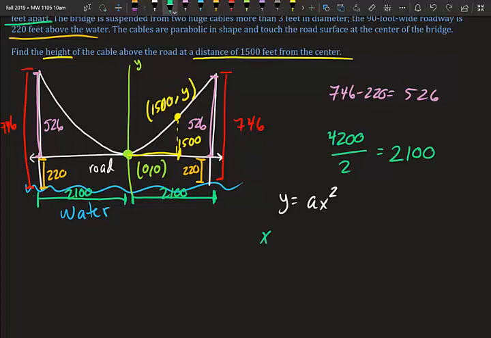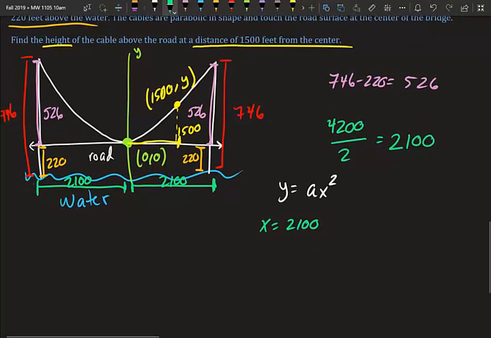So we have x equals 2,100. And then don't we know the height right here? Look at my pen. Isn't that height from the road to the top 526 feet? So we have y equals 526 feet. And we're just going to plug it into our formula of ax squared. So we have 526 equals a times x squared, and x is 2,100.